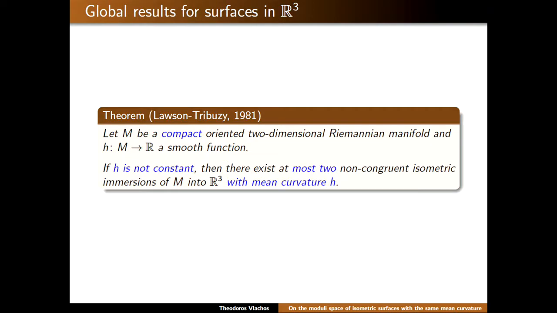These are the local results, but there are also global results. Lawson and Tribuzy in 1981 proved a theorem that says that if you have a compact surface in R3 that has non-constant mean curvature, then there are at most two isometric immersions that have the same non-constant mean curvature.